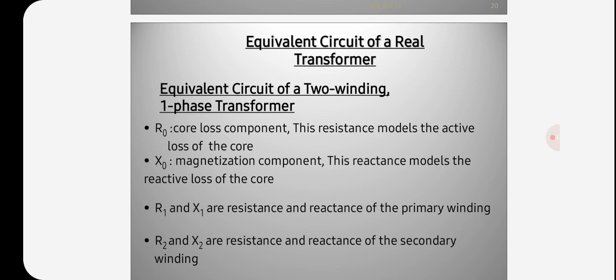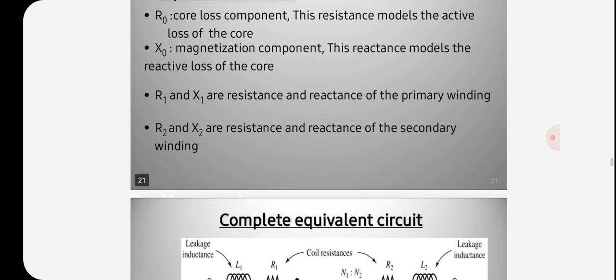X naught is the magnetizing component. This reactance models the reactive loss of the core. Here R1 and X1 are the resistance and reactance of the primary winding. R2 and X2 are the resistance and reactance of the secondary winding.